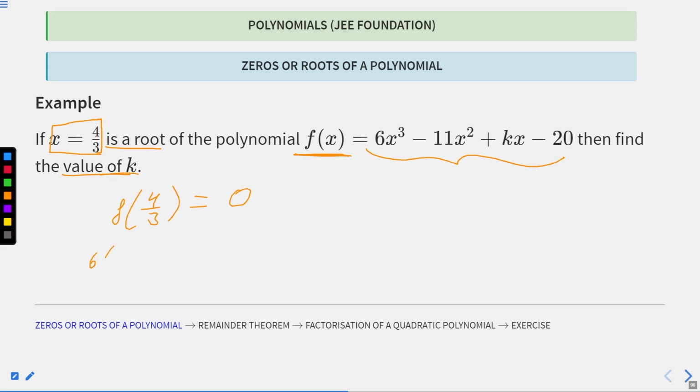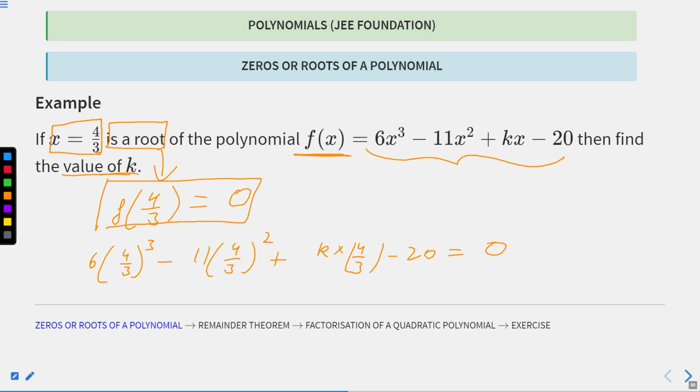So 6 times (4 by 3) whole cube minus 11 times (4 by 3) whole square plus 6 times 4 by 3 minus 20 will be equal to 0, because this is a root. So for a root, this is my condition. Let's solve it, and you will get your value of k.